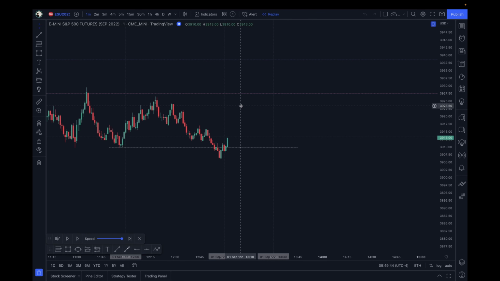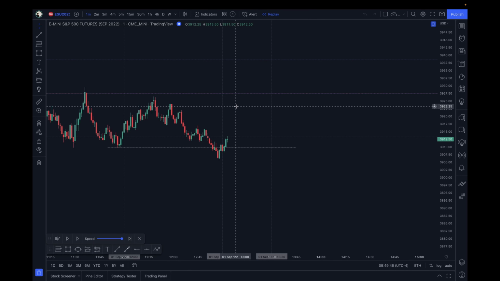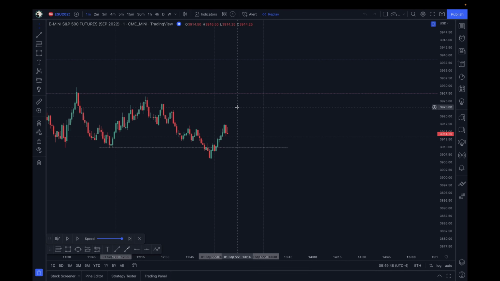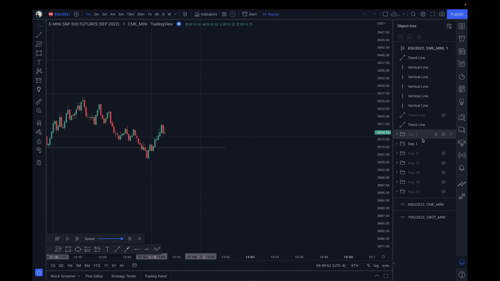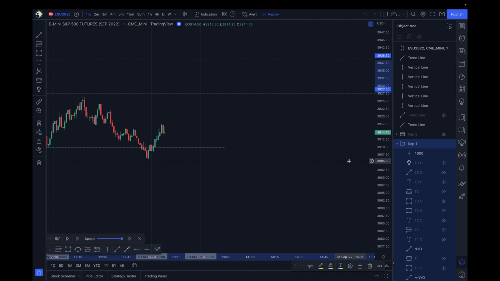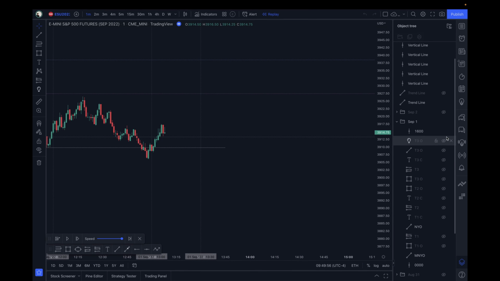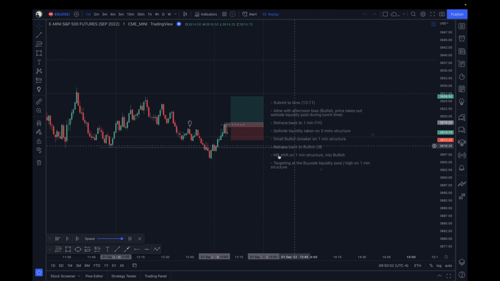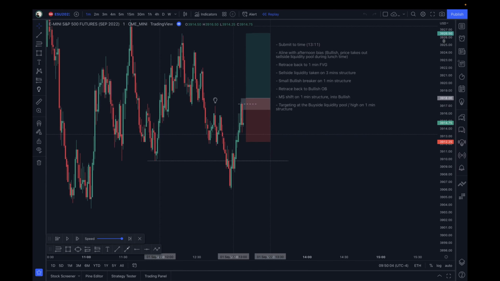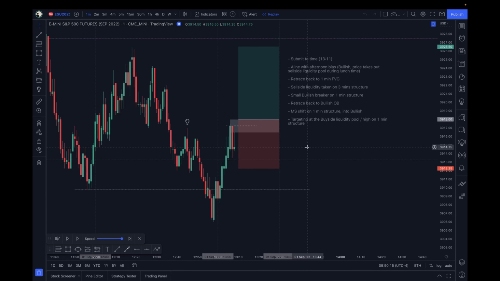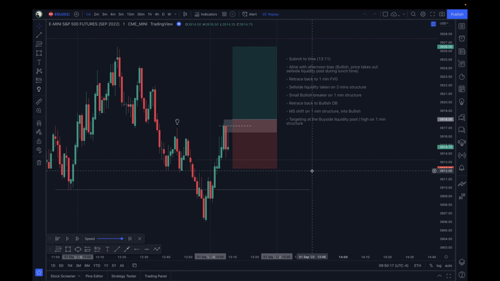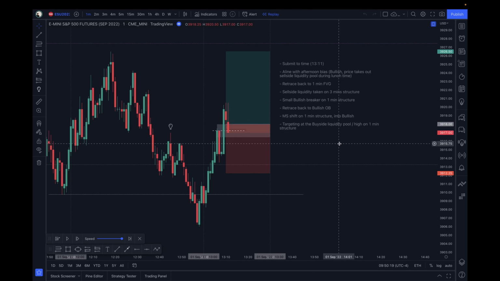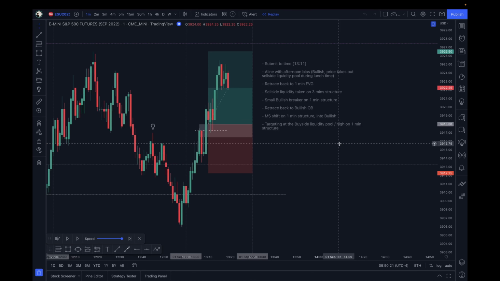Okay, I believe it's right near here, so we can see, trade three. Right here, sell side liquidity pool been taken right here. See the entry right here, and the price goes up.